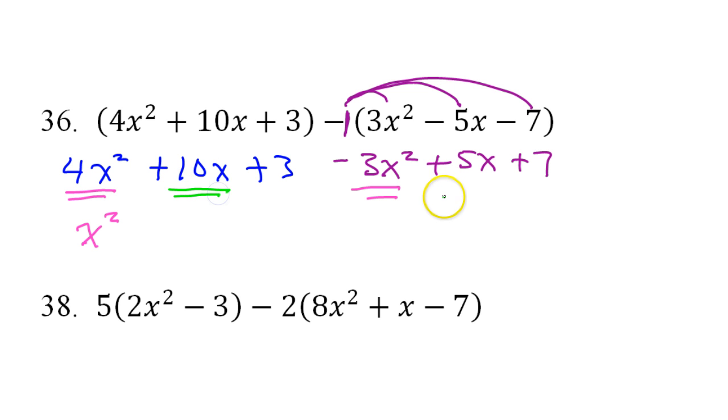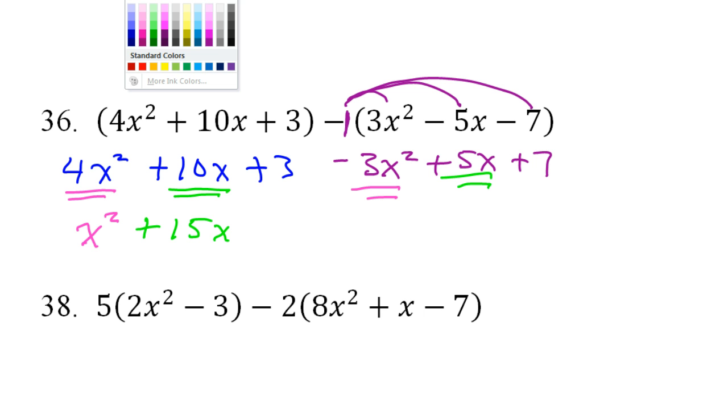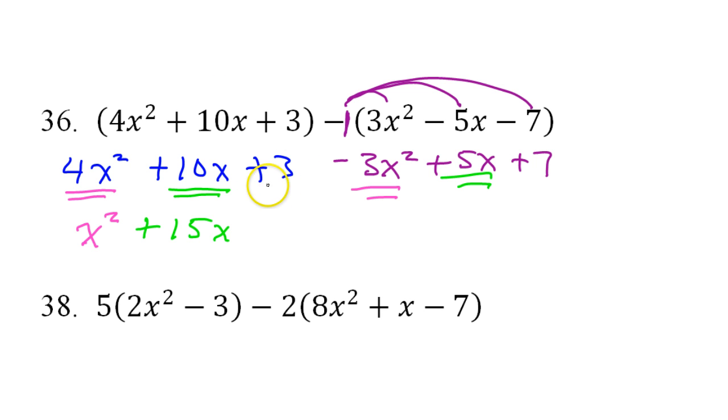So we've got 10x and we've got 5x. 10 plus 5 is 15, so that'll be 15x. And finally, we've got the 3 and the 7. 3 plus 7 is 10, so that'll be plus 10. So this will be the answer to number 36.